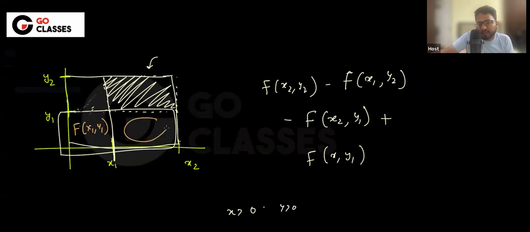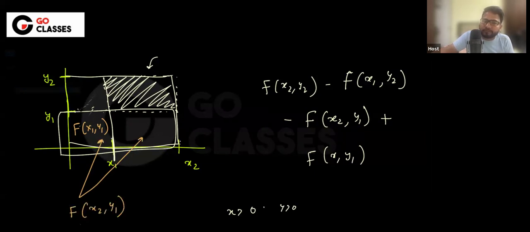But is this area easy to get using the CDF? I think no, you need to find it from the starting. So both of these areas, not just one, can you tell me? This is F of x2, y1. Similarly, can you tell me this area only? We need to find it from the starting, so this area only we can't find out.